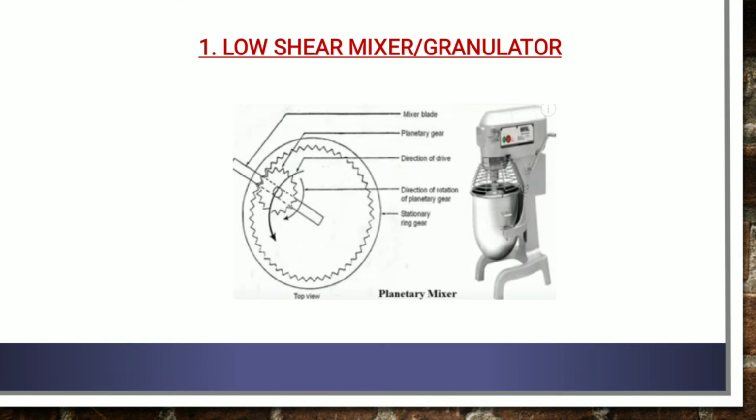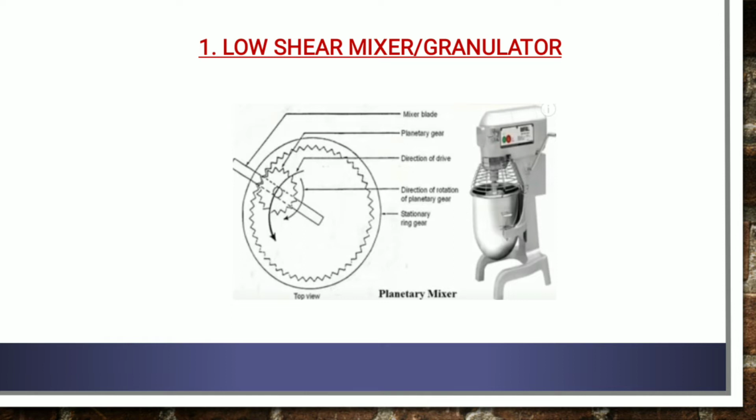Planetary mixer is used for wet mixing of the powders. The mixed powder is fed into the bowl of the planetary mixer and granulating liquid is added.